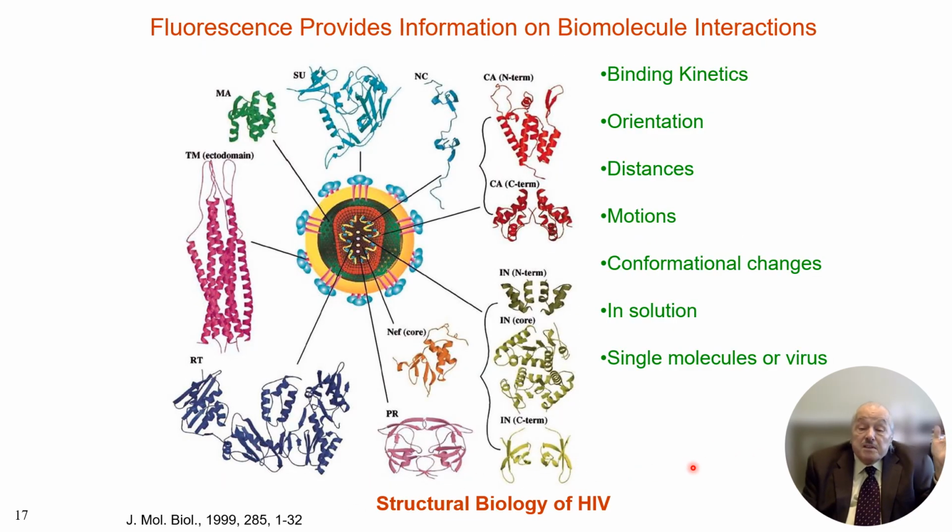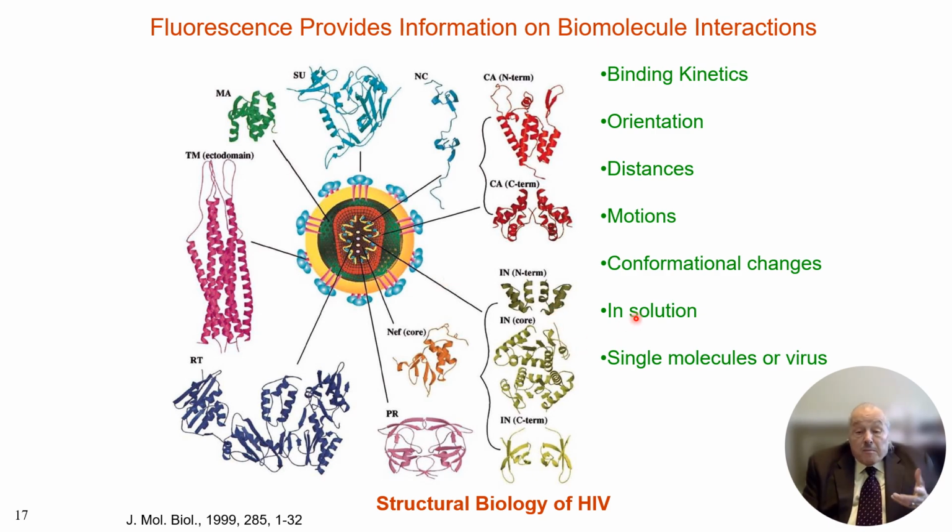So what can we do with fluorescence? I'd like to use the HIV virus just as an example. You might be interested in many things about the HIV virus. You might be interested in binding kinetics, how fast different proteins bind to it. You might be interested in the distances between different proteins in the virus.